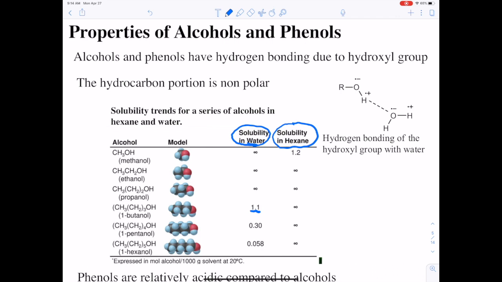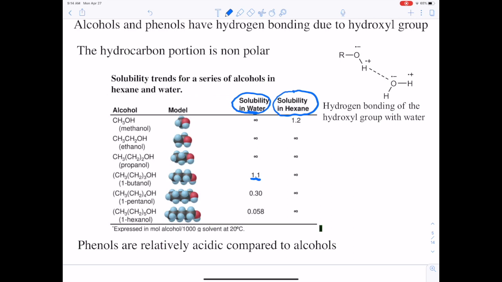The hydrocarbon chain of methanol is not large enough to counteract that unfavorable interaction. But once you get to ethanol, the hydrocarbon chain is long enough to interact favorably with the nonpolar hexane, and we have miscible solutions. So it's only methanol that is not miscible with a nonpolar solvent like hexane.